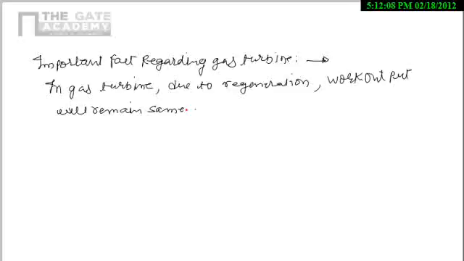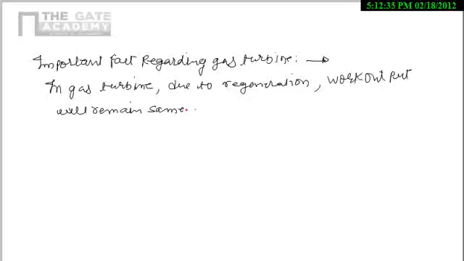Because in the Rankine cycle, due to the regeneration, steam is extracted from the turbine. So the mass in each and every step is decreasing. That's why the work output is decreasing. But in case of a gas turbine, there is no such phenomenon.